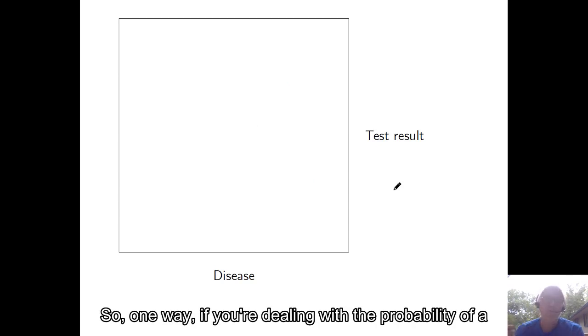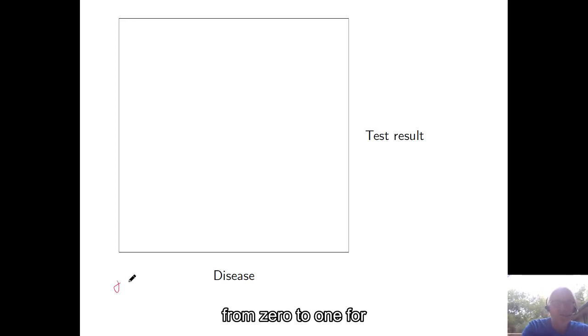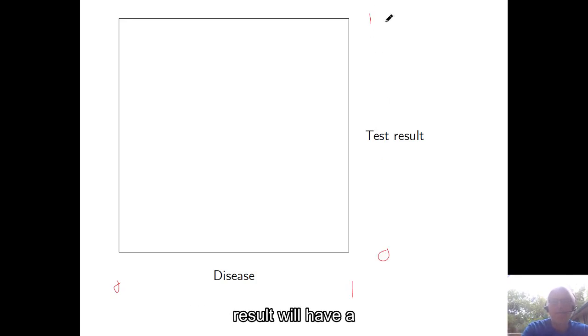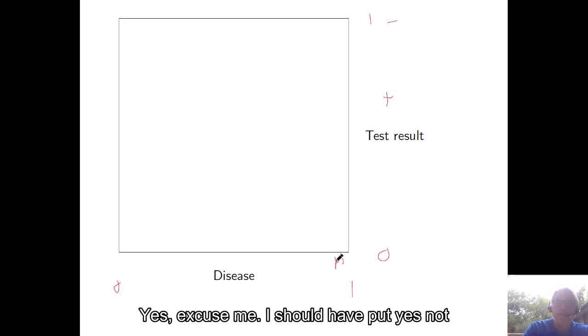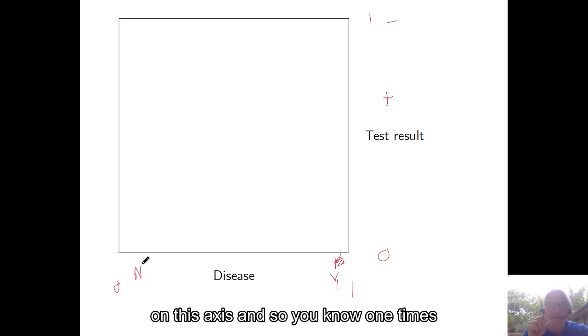So if you're dealing with the probability of a couple of different event systems, one way you can display them is with this box where you can think about going from 0 to 1 for two different axes, and we can put the test result. We'll have a positive test down here and a negative test up at the top, and the disease status is yes. Excuse me, I should have put yes and no on this axis.